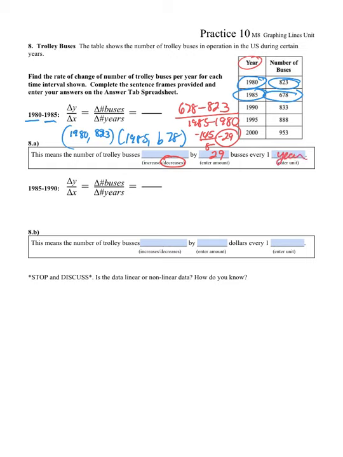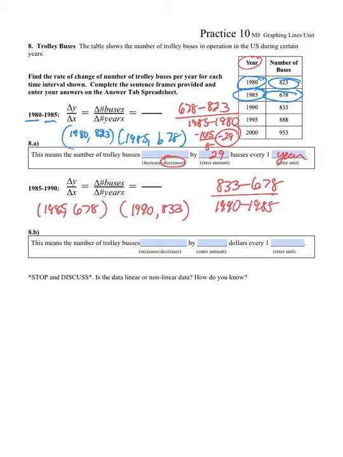All right. Then we're going to look at the interval from 1985 to 1990. So our points are going to be 1985, 678, and then 1990, 833. So you'll have 833 minus 678 over 1990 minus 1985.